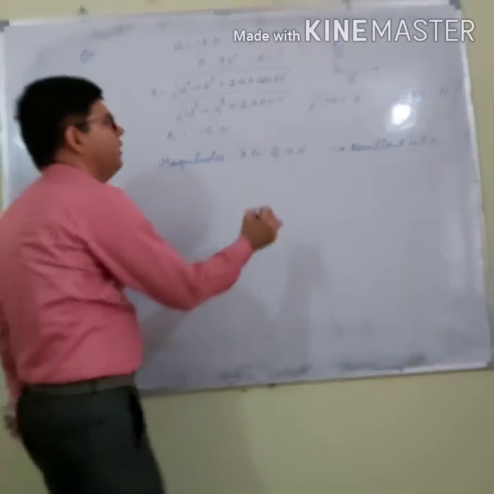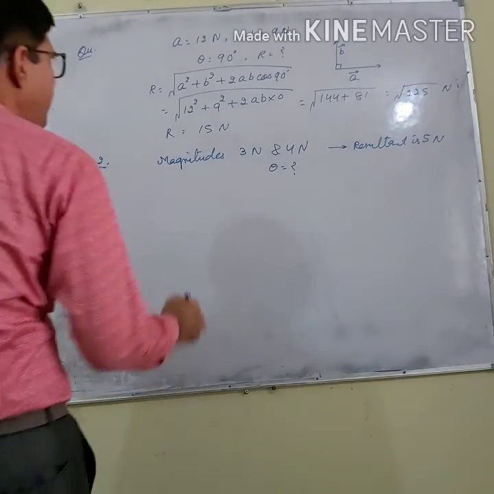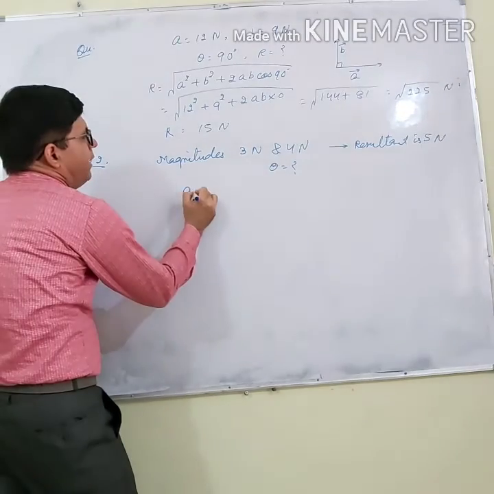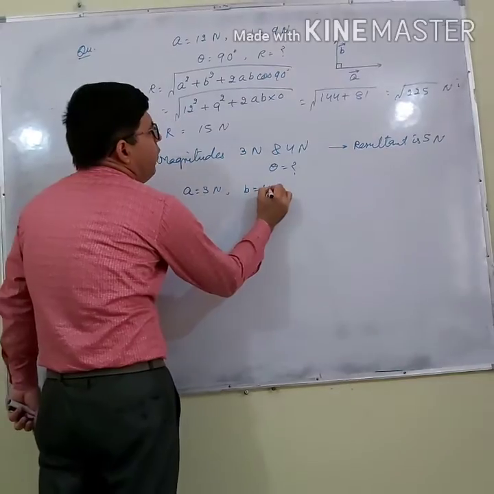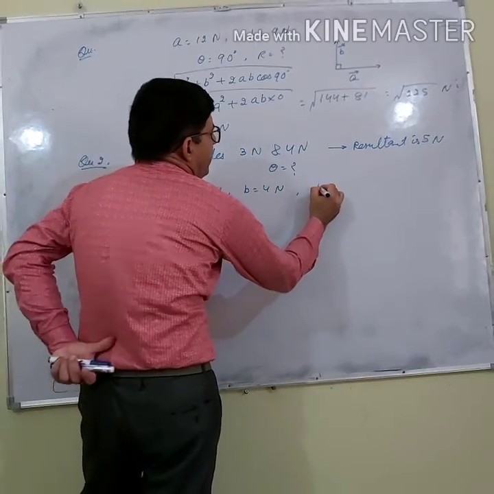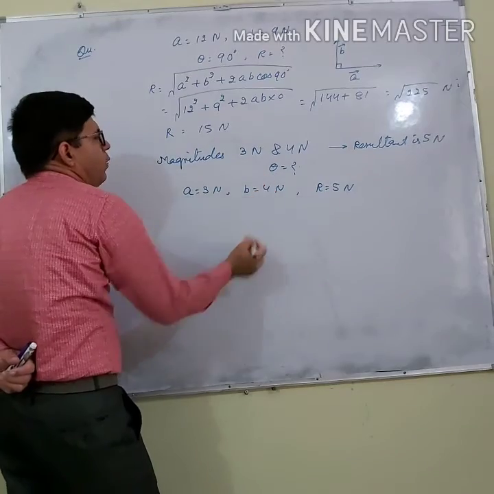Find the angle between them. How can I find the angle between them? Here the magnitude of A is 3 Newton, the magnitude of B is 4 Newton, and the resultant is 5 Newton. So I have to calculate theta.